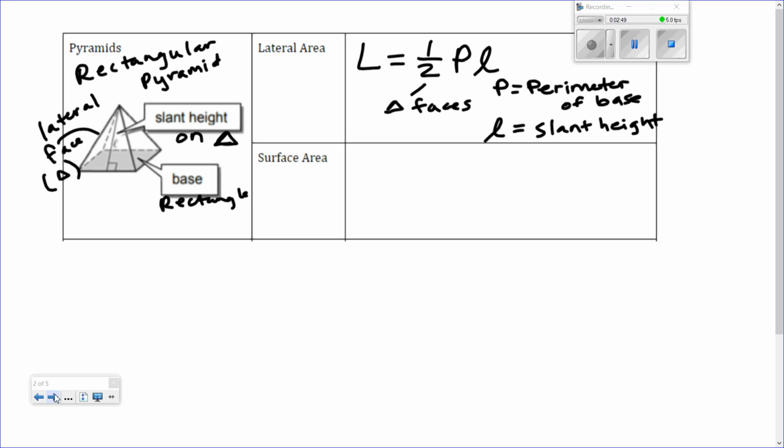We're still taking that to find the surface area. Like with our prisms and cylinders, we're using the lateral area and then adding the area of the base, which in this case is just big B. So whatever that base is, we add in that area of the base to our lateral area, which is the area of all of our faces.